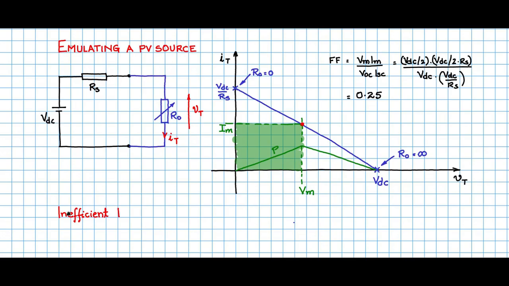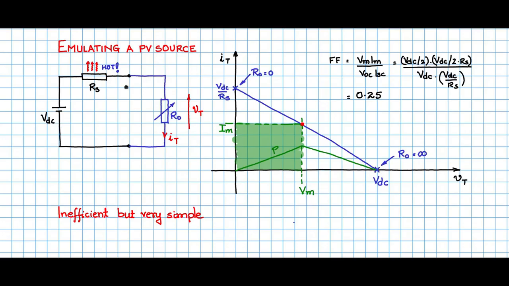Therefore, it is inefficient even though it is a very simple emulator. So if it becomes hot, you have to build in mechanisms to remove the heat. You may have to fix, along with the resistance, a forced cooling blower fan or something like that.